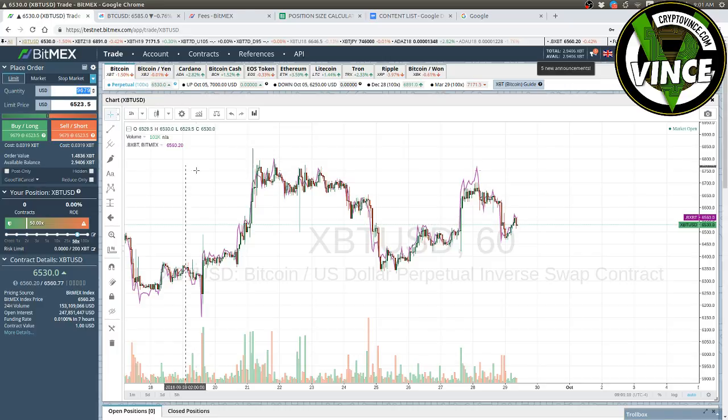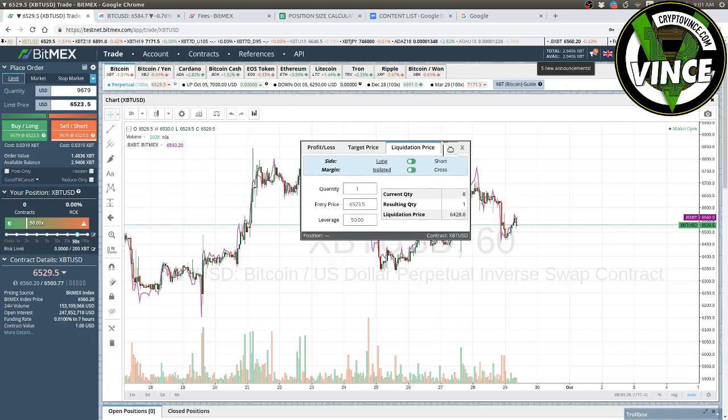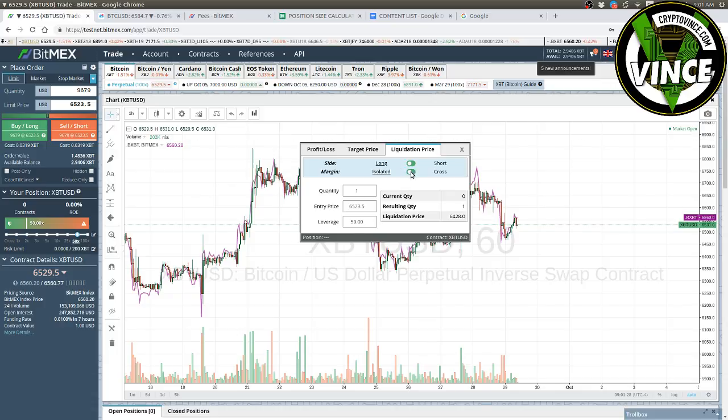After I figure this out, I have to check if my liquidation price is okay, before I figure out the leverage, right? So what I do, you can use this BitMEX calculator here, and I go to liquidation price. Isolated, cross.